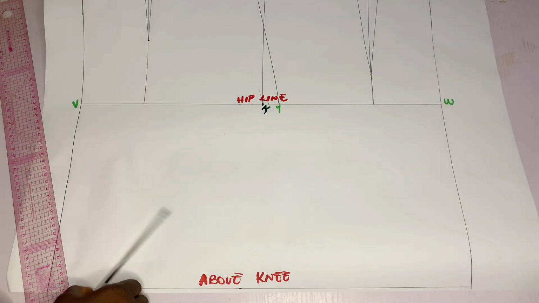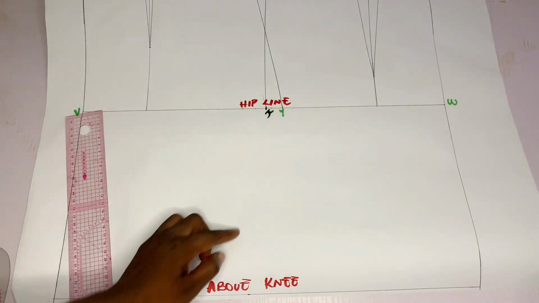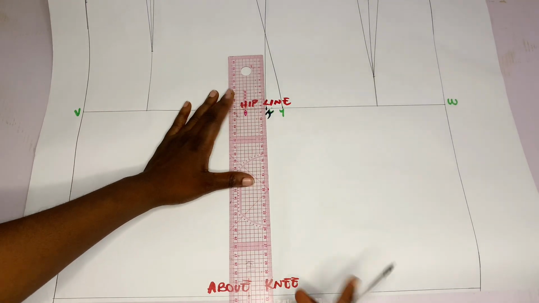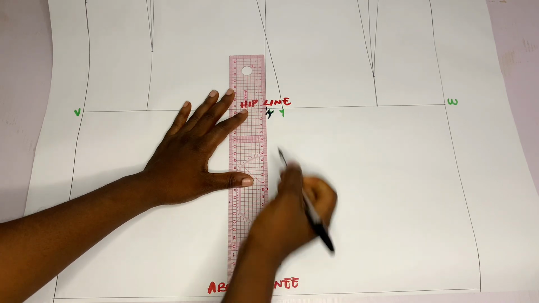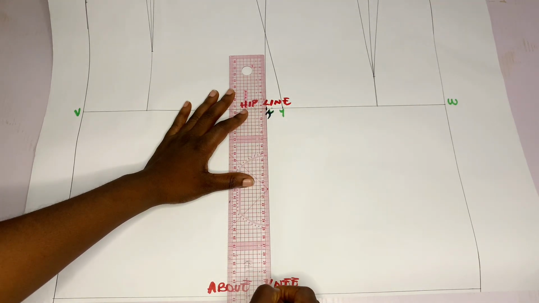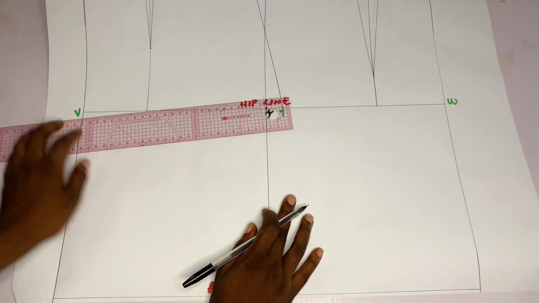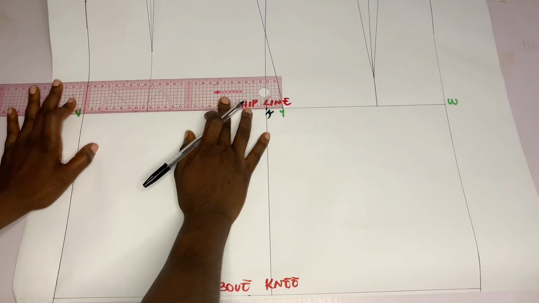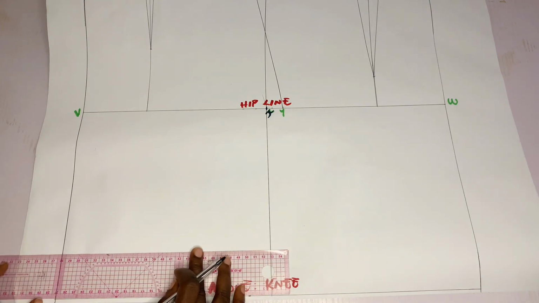Now to complete my side seam, I'm going to square down point X and Y down to the above knee level, so above knee line. Now remember that line X is for the front and line Y is for the back.